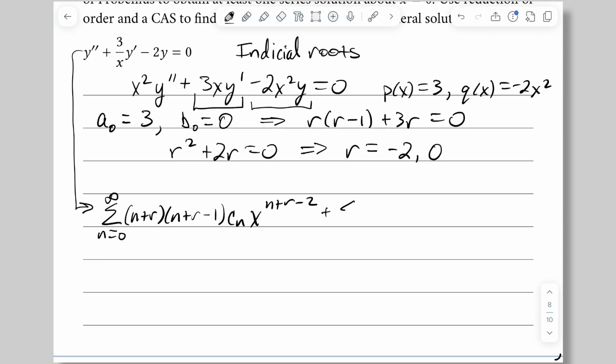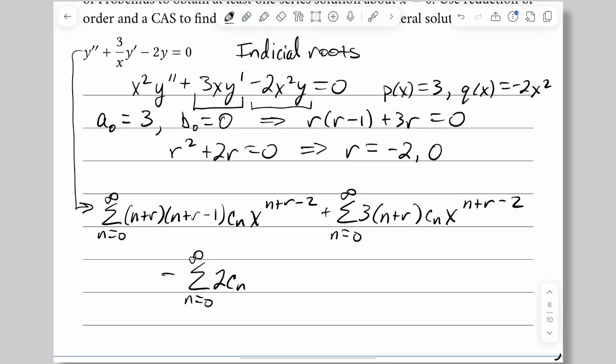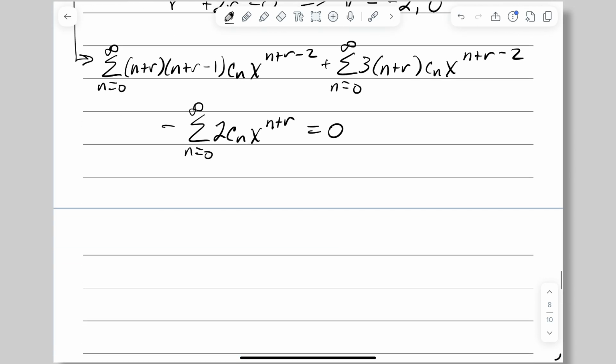That's going to give us the sum as n goes from 0 to infinity of 3 times n plus r c sub n x to the n plus r minus 2. Continuing with the equation, we have minus 2y is equal to 0, so minus 2 times the sum as n goes from 0 to infinity of c sub n x to the n plus r is equal to 0.